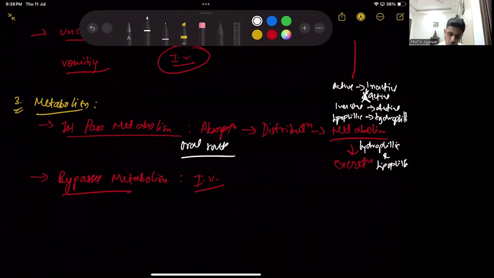Now the question is, why are we metabolizing the drug? Why aren't we always taking bypass metabolism? This question can be answered by the fourth factor, that is solubility.